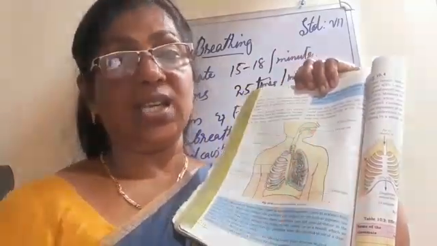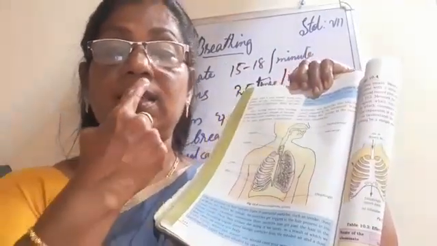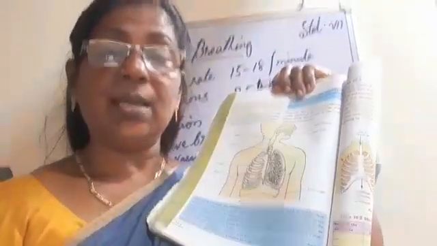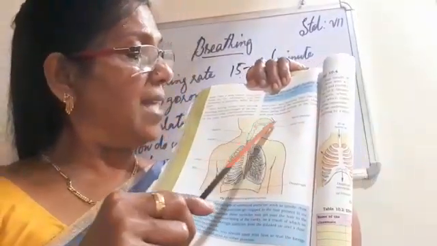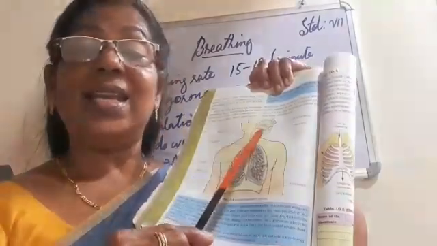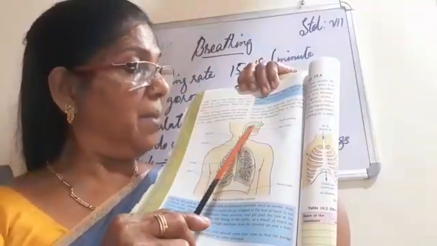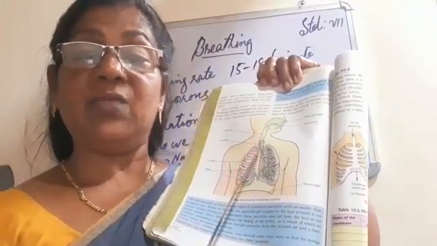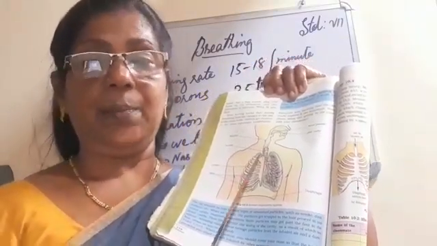external nostrils. So these are the external nostrils. These external nostrils go to a passage known as the nasal passage. The nasal passage goes down through a pipe known as the windpipe or trachea.